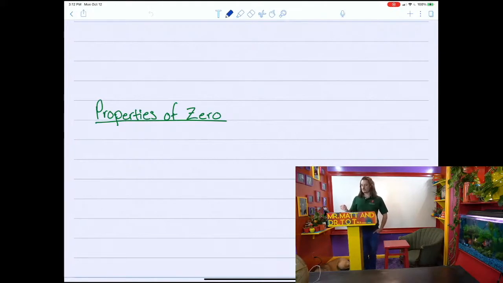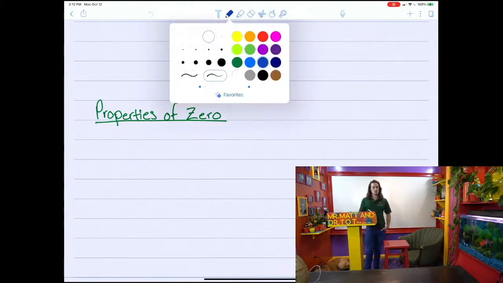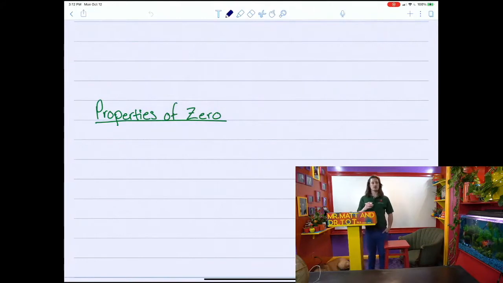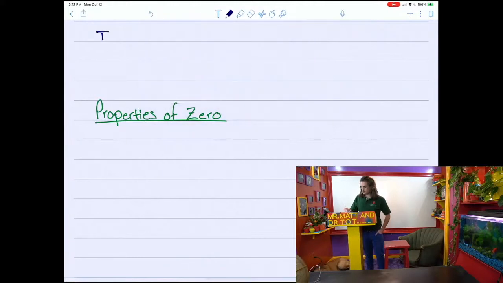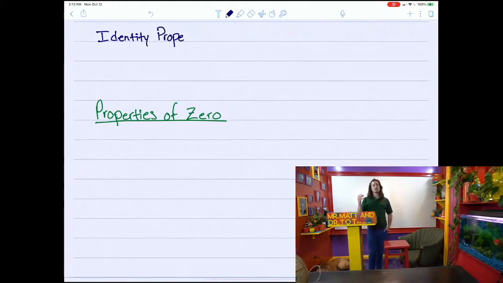One in particular explains why 0 and 1 are so important, or unusual numbers, and that's the identity property. There are two of them: the identity property applies to addition and to multiplication.